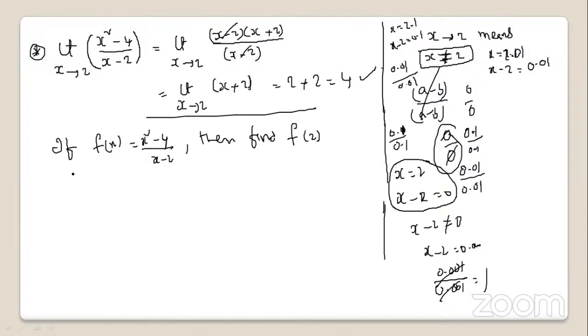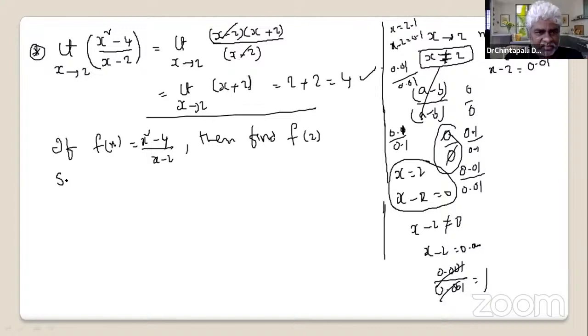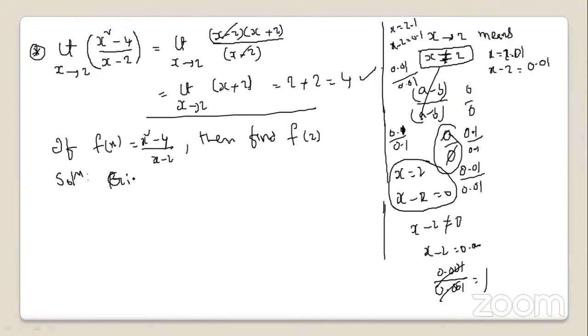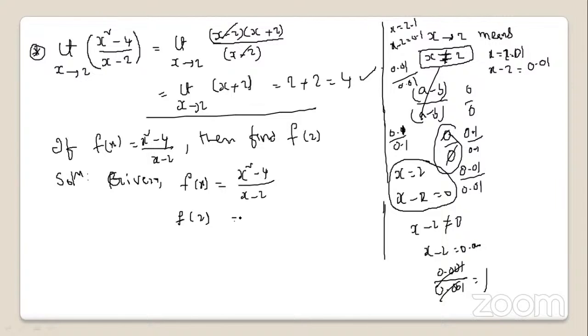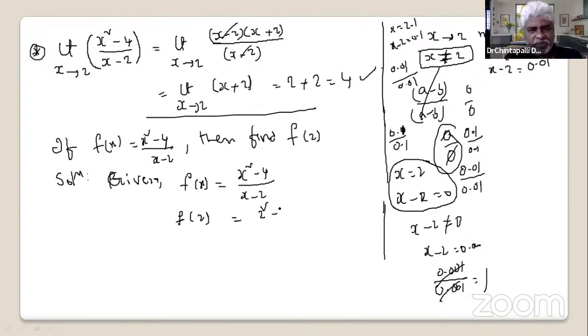If that is the question, our solution is like this. Given f of x is equal to x square minus 4 by x minus 2, right? Then f of 2 is equal to 2 square minus 4 by 2 minus 2, which is 0 by 0.